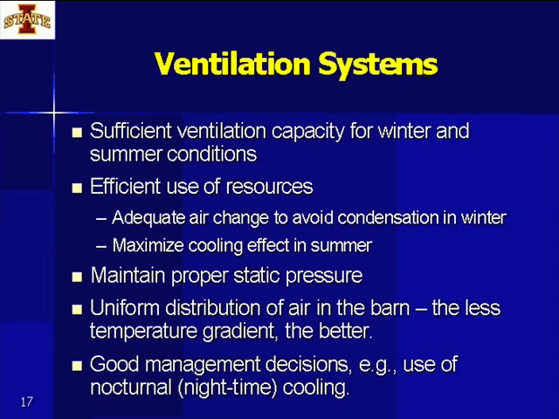Maximum cooling effect in summer is equally important, and I cannot emphasize enough the importance of maintaining proper static pressure, uniform distribution of air, and good management decisions. Use of nocturnal cooling, for example, is one thing that could potentially reduce some of the peak load demand by further cooling at night.